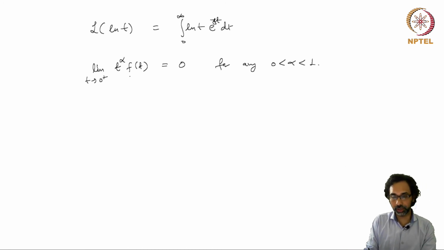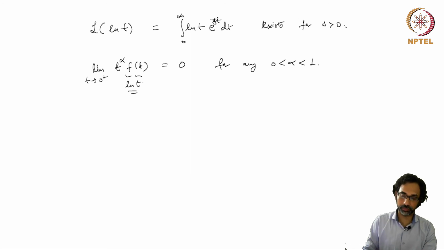One can compute this for ln t, and one can show that this is in fact 0 for any alpha between 0 and 1. So this Laplace transform exists for s positive.